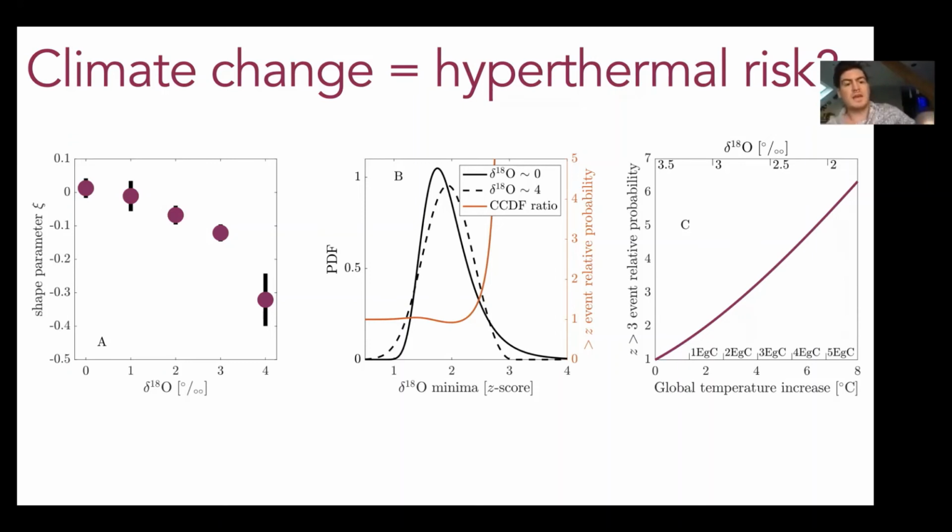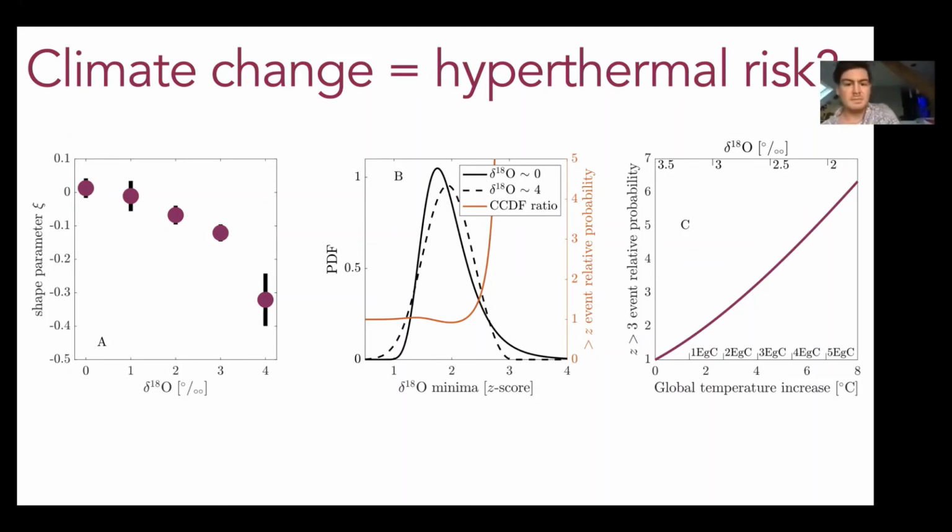And what we see is a nice monotonic trend between Xi and the background average delta 18O value, which indicates that as the climate gets cooler, Xi gets more negative, or vice versa, as the climate gets warmer, Xi gets more positive.